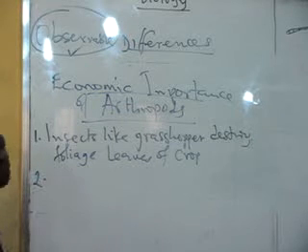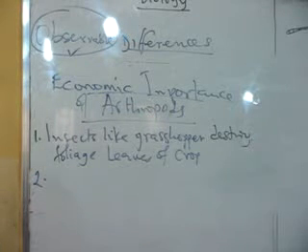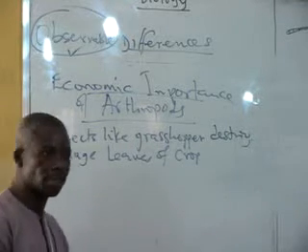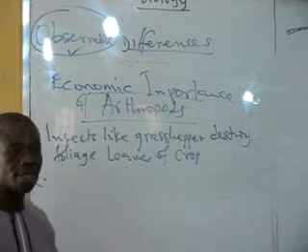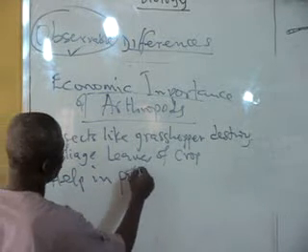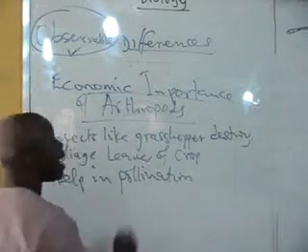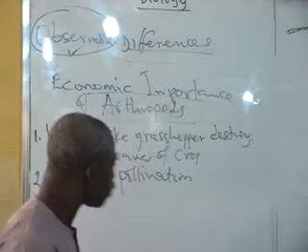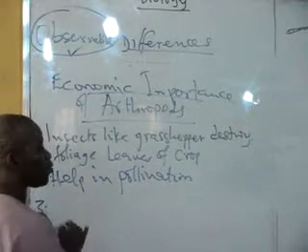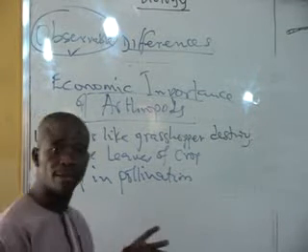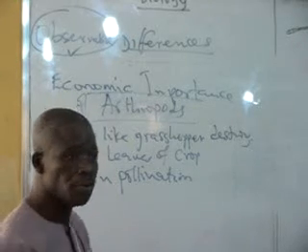And we know that butterflies help us to pollinate our flowers. Bees will help us to pollinate our flowers. So they also help in pollination. And the general one is that most of these organisms serve as food. So that's an economic importance. You can mention a lot of them. Grasshoppers serve as food. Honeybee produces honey that serves as food.